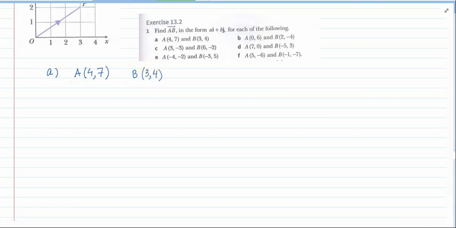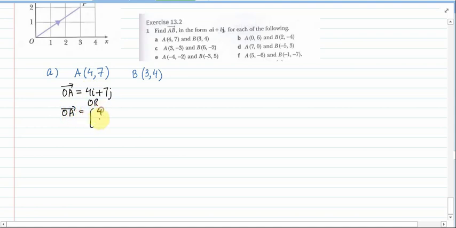Basically the point A, 4, 7, is with respect to the origin. So we can say that OA is equal to 4i plus 7j, or OA is equal to 4 and 7, right? Similarly, OB is equal to 3 and 4.